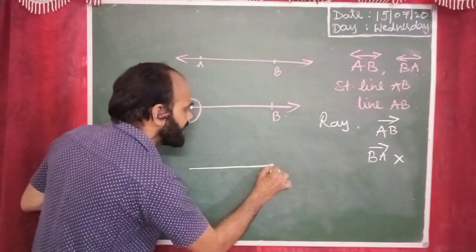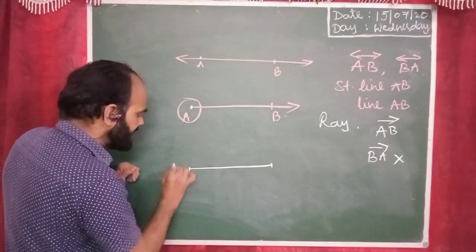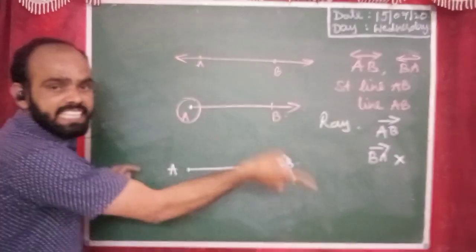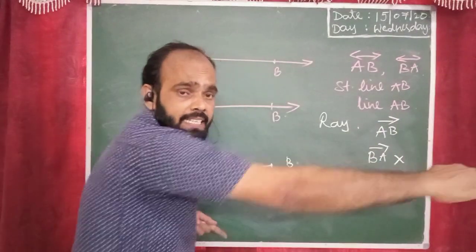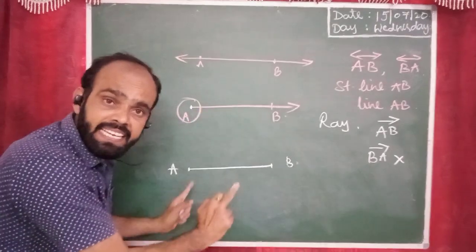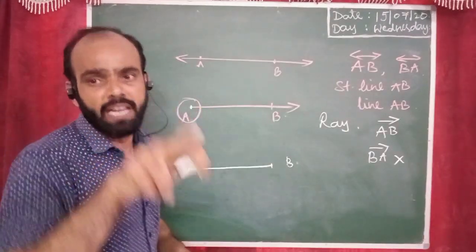Similarly, when we go for the next one, I have taken only A and B, that's all. A and B, that means it is neither going towards left nor towards right. It is only strictly between A and B, and A and B together.